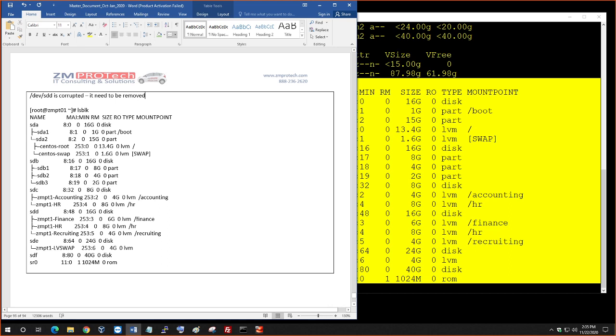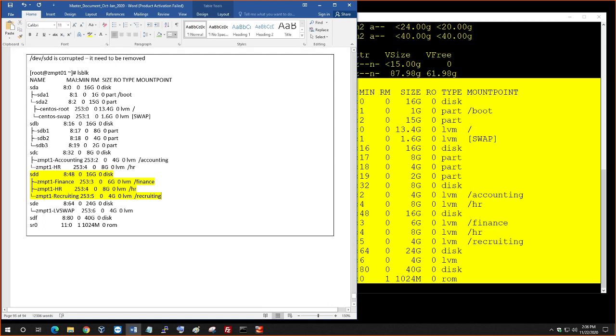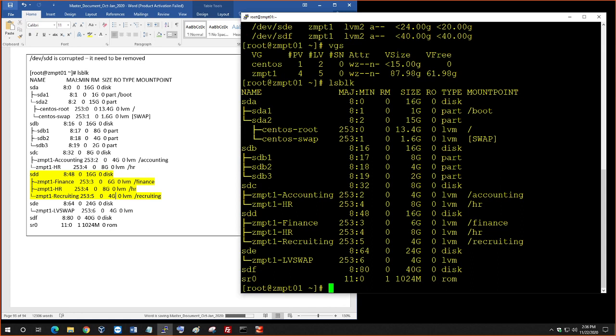Look at SDD. SDD is carrying a significant amount of partitions here, okay? So let me highlight this. It's carrying finance data, HR data, and recruiting data. Okay, so if this goes down, a lot of people won't be happy. So how are we going to do that?